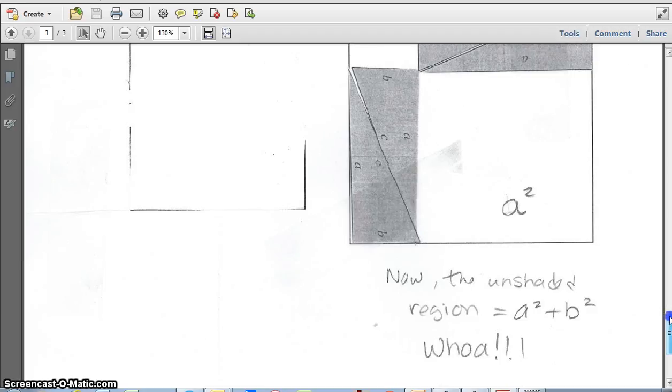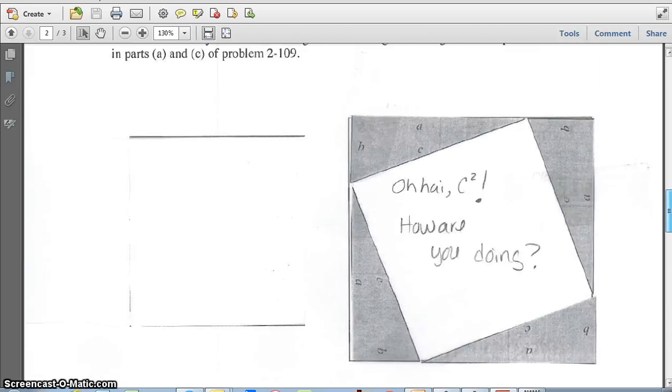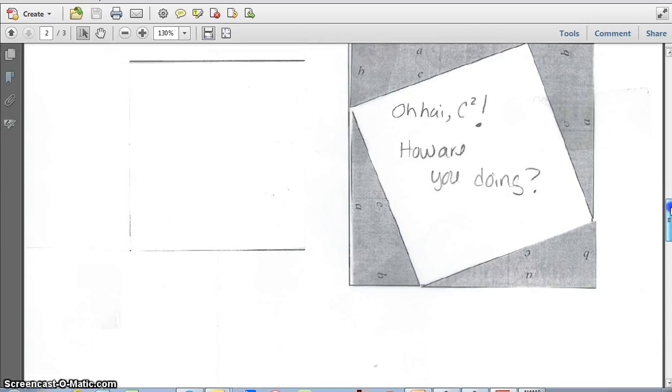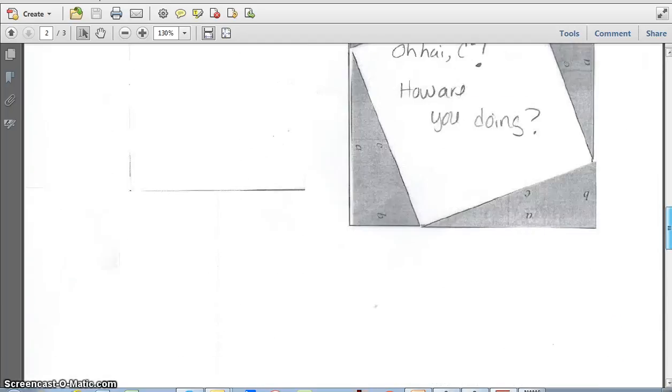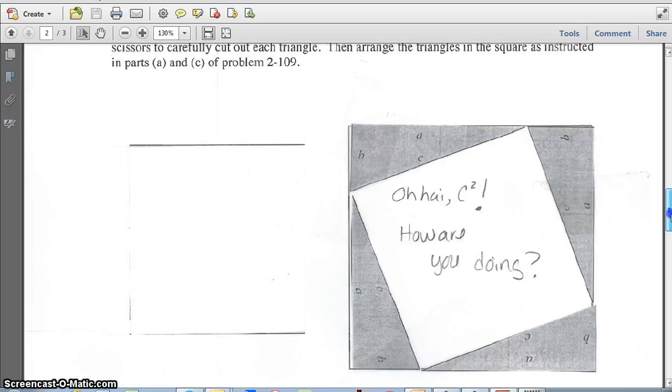But we also know that the area didn't change. So area being a conserved quantity, we haven't overlapped any of these triangles. This is a proof for the Pythagorean theorem: the area formed by each of the legs of a right triangle, when added together, is the same as the area formed by the hypotenuse of a right triangle.